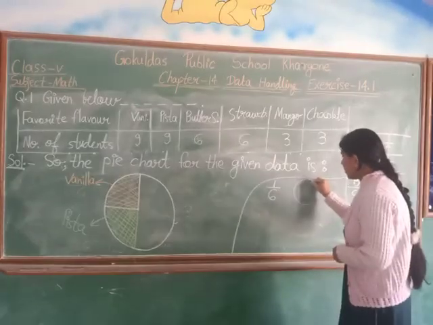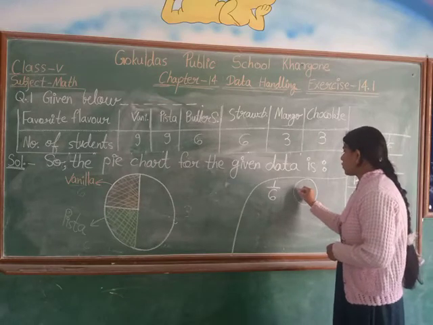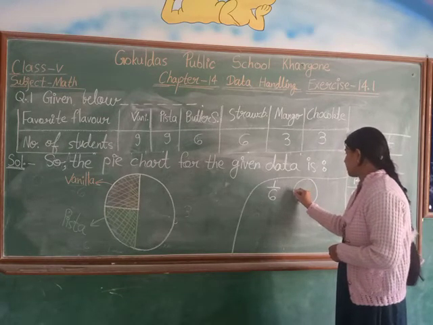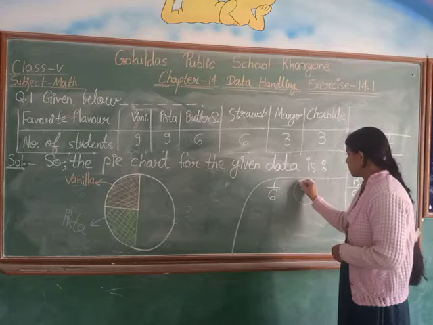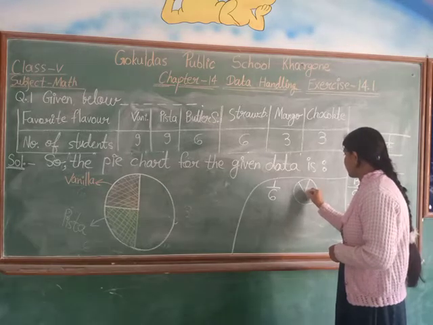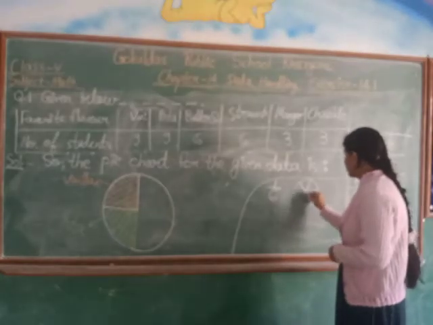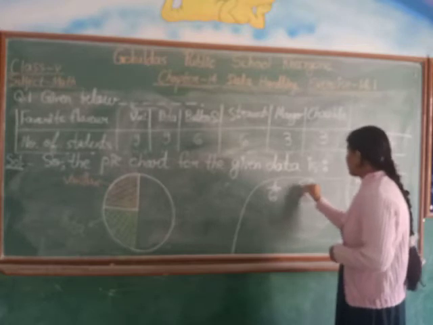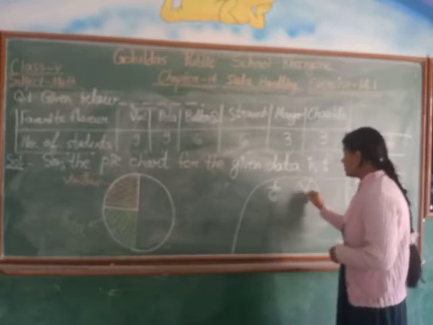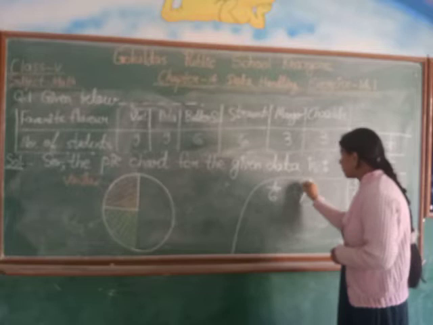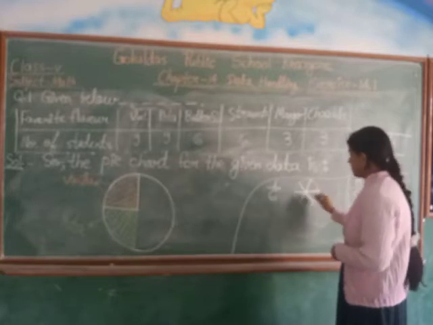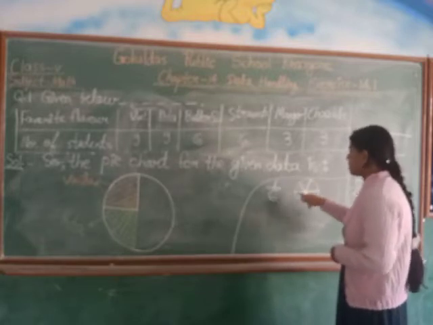It means out of 6, 1 part is shaded. Suppose we have a circle with a total of 6 parts: 1, 2, 3, 4, 5 and 6. Total how many parts do we have? 6 parts of the circle.